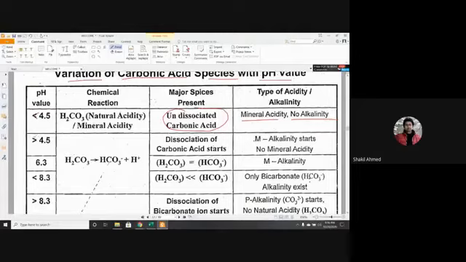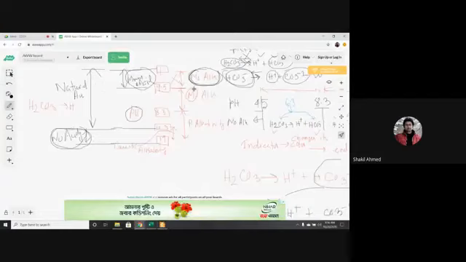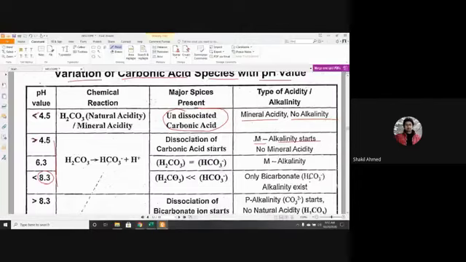When it's from 4.5 to 8.3, that is where M alkalinity starts.